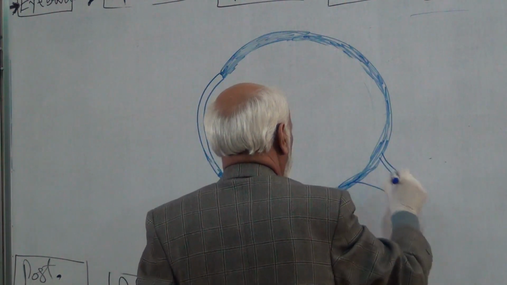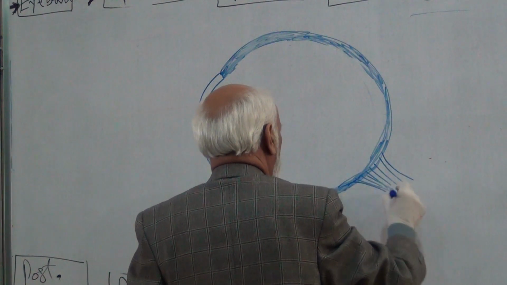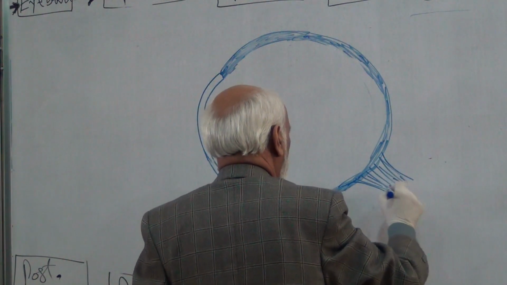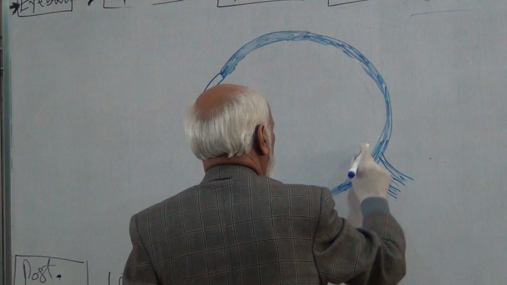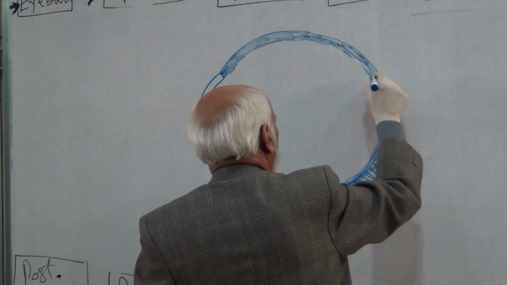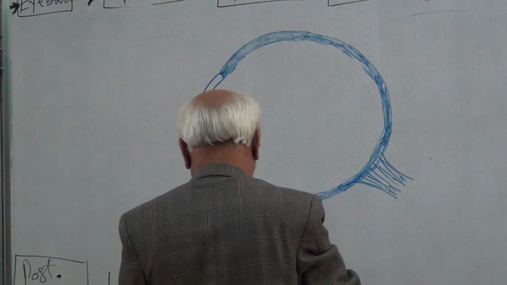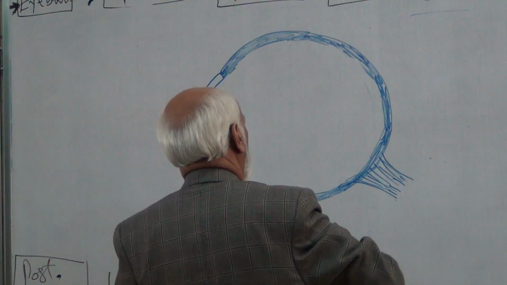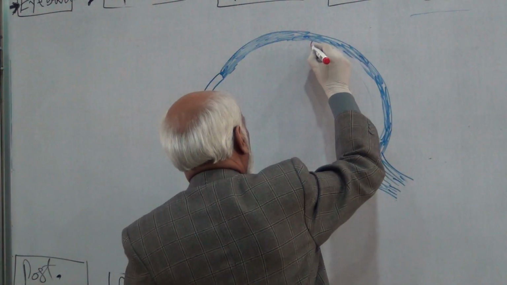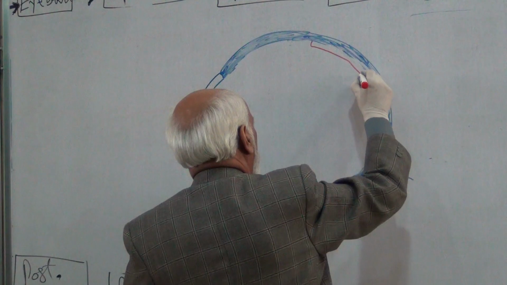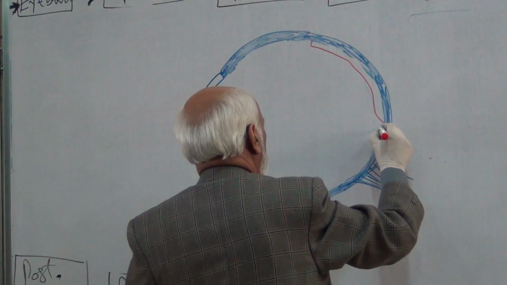This is the optic nerve, commencing from the optic disc or blind spot. Now here is the dome-shaped neural retina or retina proper.